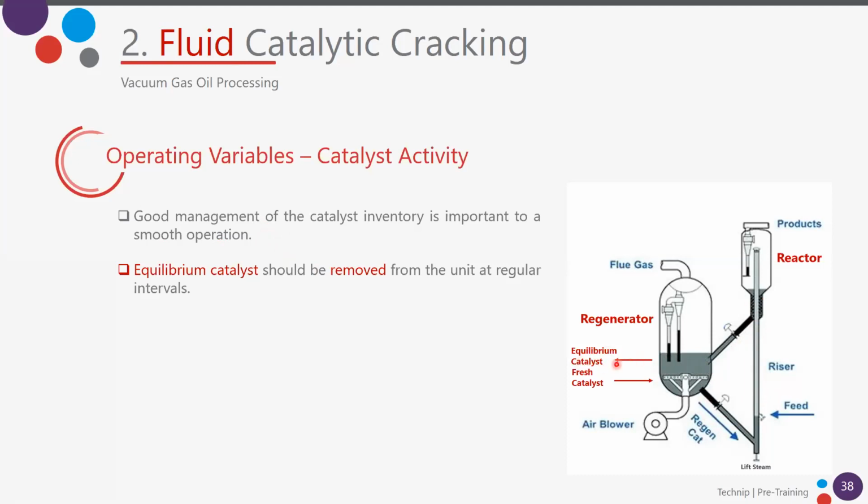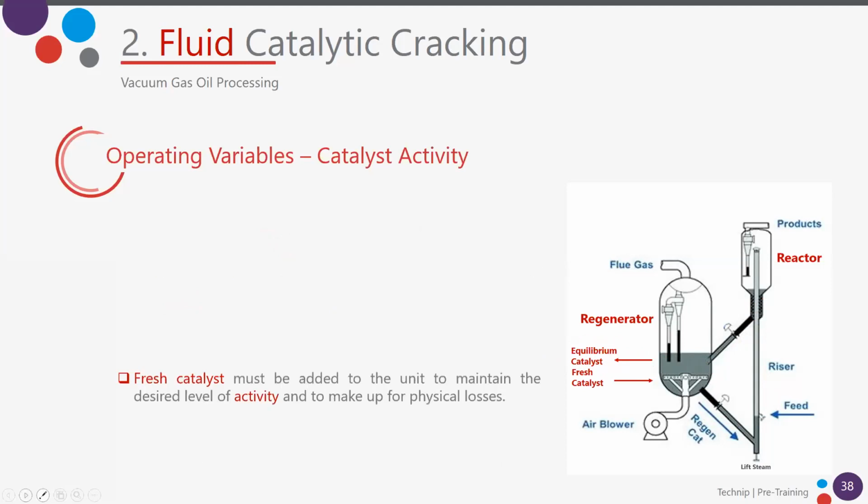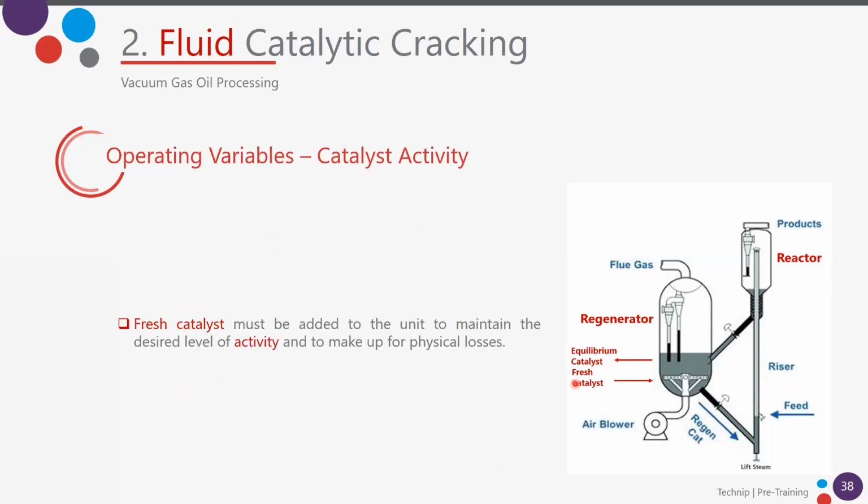We should remove some of the equilibrium catalyst at regular intervals. And of course, we'll have to add some fresh catalyst. It must be added to the unit to maintain the desired level of activity and to make up for physical losses.